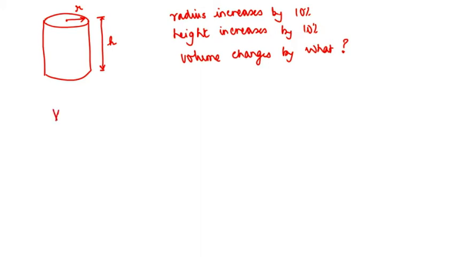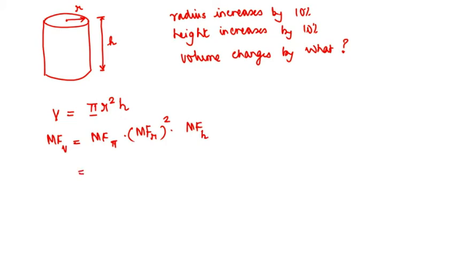Now what is the volume of a cylinder? Pi r square h is the volume of a cylinder. The multiplying factor of volume is the multiplying factor of pi into the multiplying factor of r the whole square into the multiplying factor of height. I would have done all this mentally.